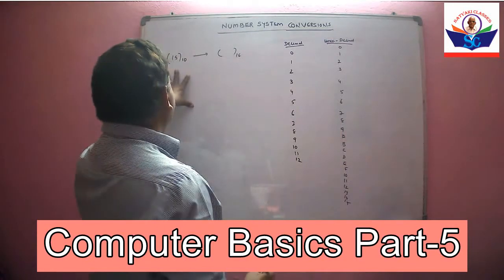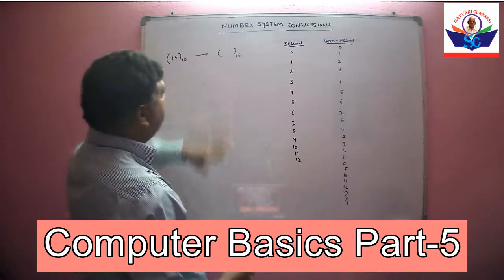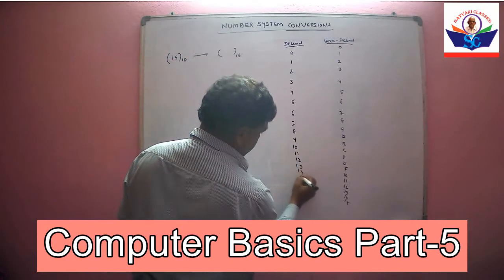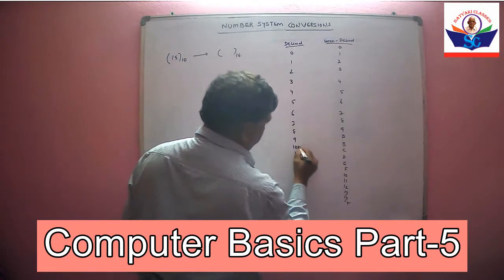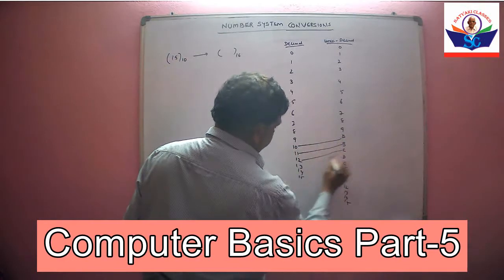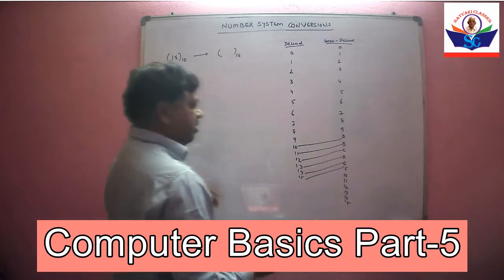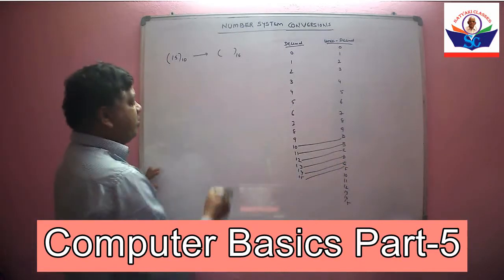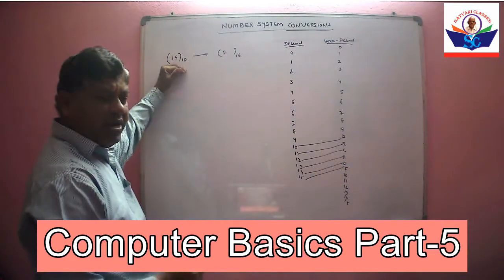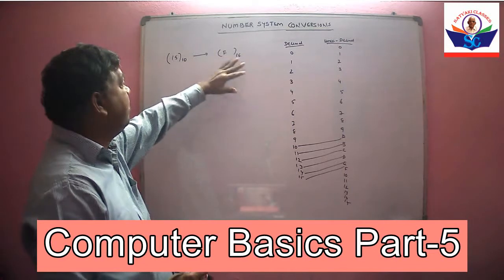What is the equivalent of 15? We will find that for 10 it is A, 11 B, 12 C, 13 D, 14 E, 15 F. So 15 in decimal is equal to F in hexadecimal.